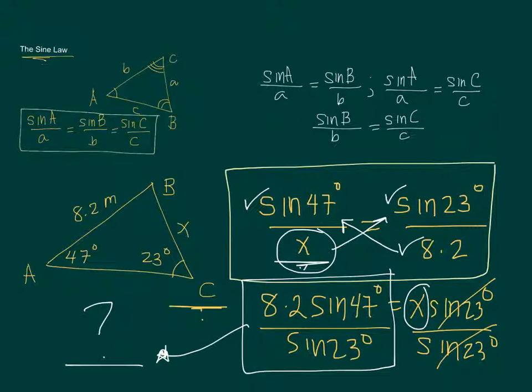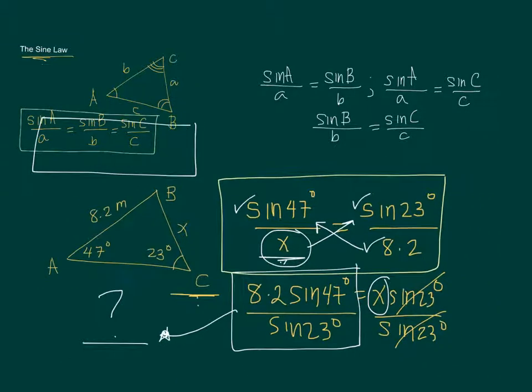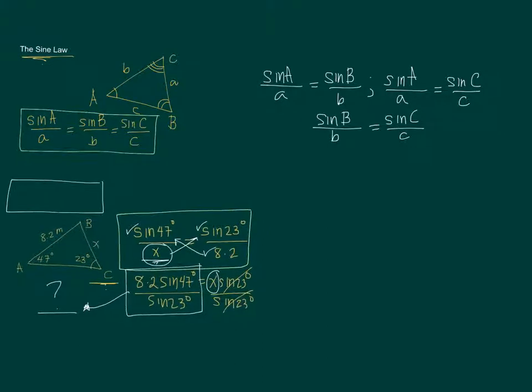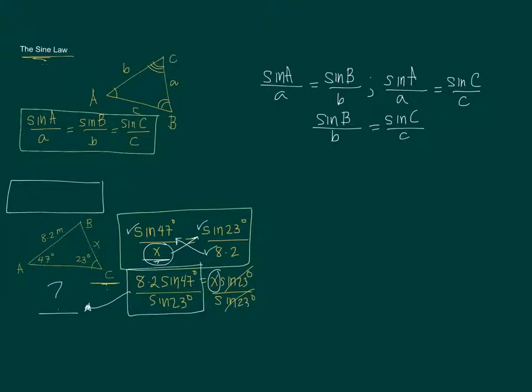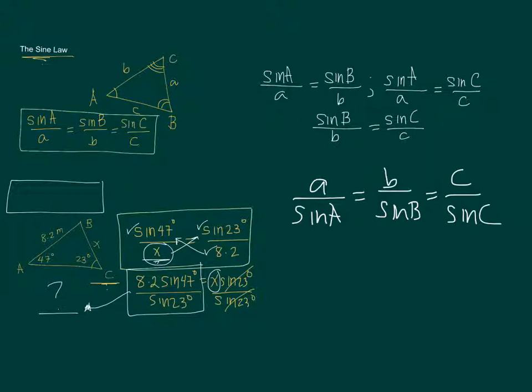Again, the sine law is sine A over A equals sine B over B equals sine C over C. One student asked me before, is the sine law the same as A over sine A, B over sine B, C over sine C?